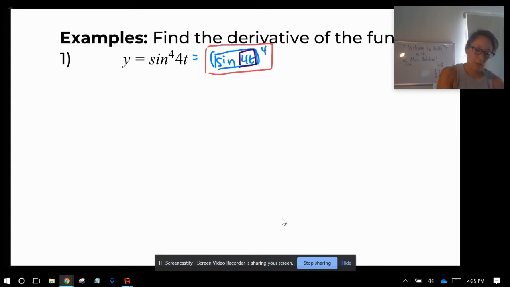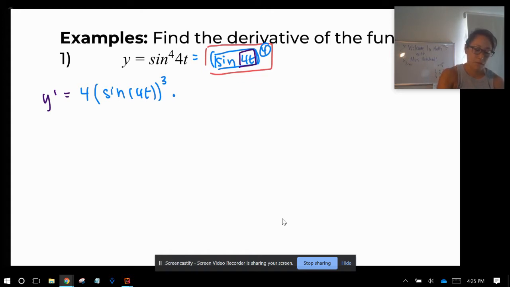So we start from the outside. y prime is equal to, we bring the 4 to the front and leave everything on the inside, so sine of 4t. The power of 4 gets reduced to a 3. Then I multiply by the derivative of the inside, which is the cosine of 4t.